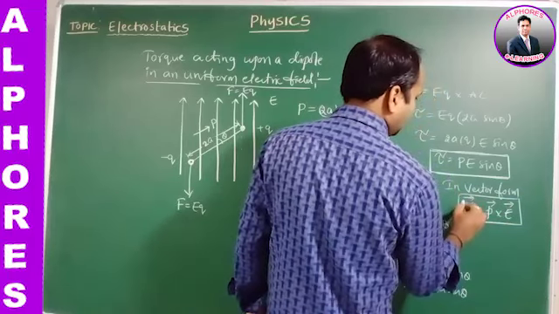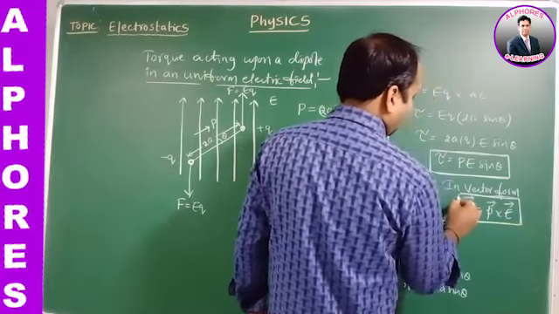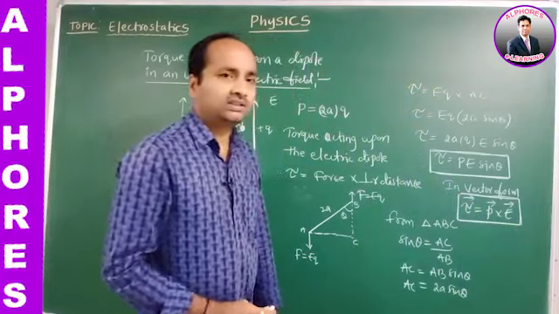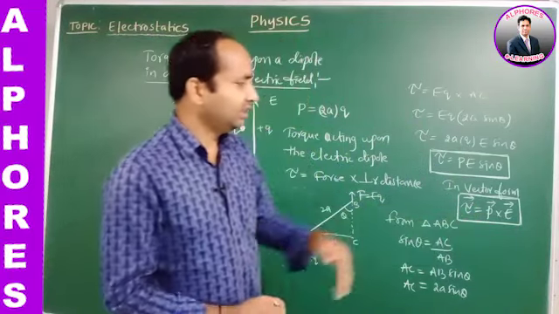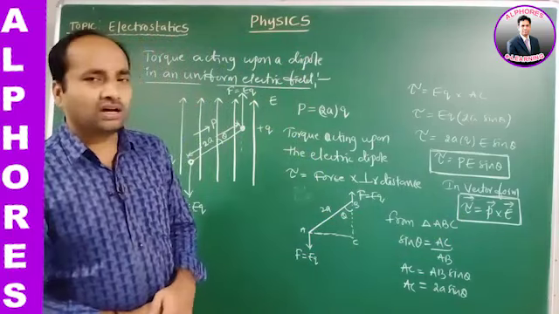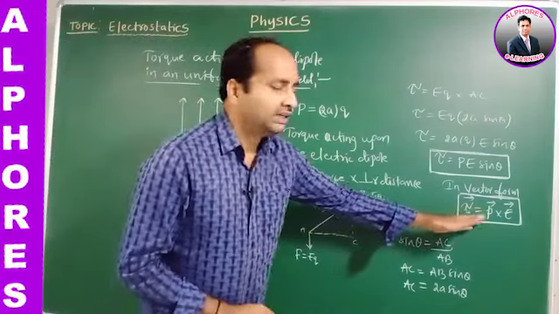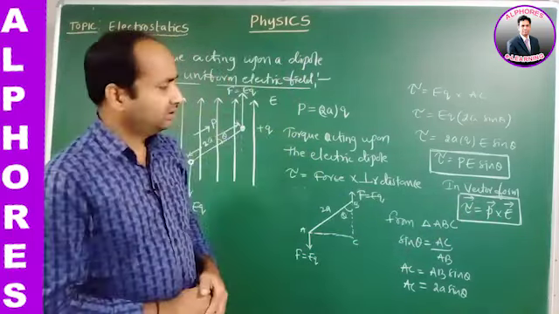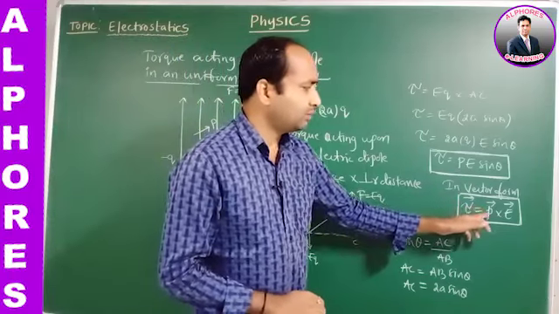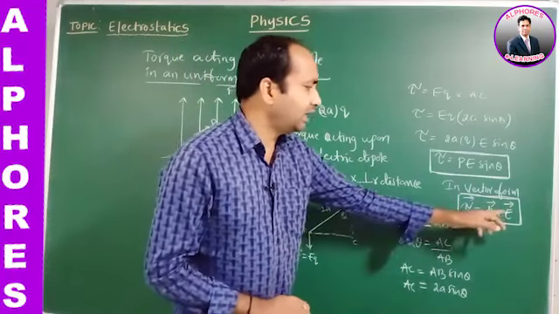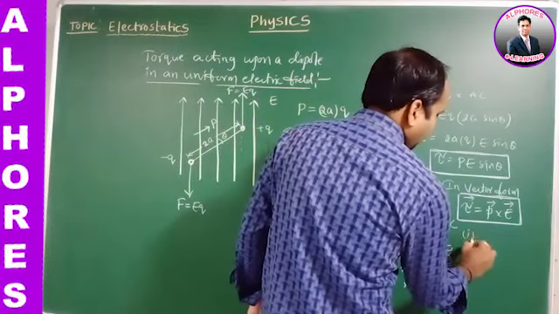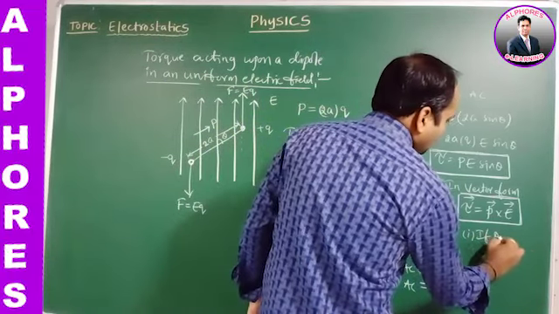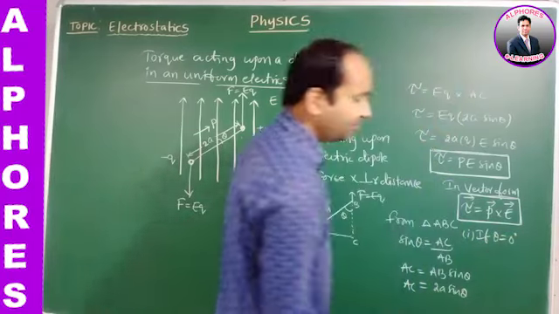P is a vector, the electric field is a vector, so the cross product of these two is also a vector. The direction of torque is normal to the plane containing P and E. Suppose in case 1, theta is equal to 0 degrees.